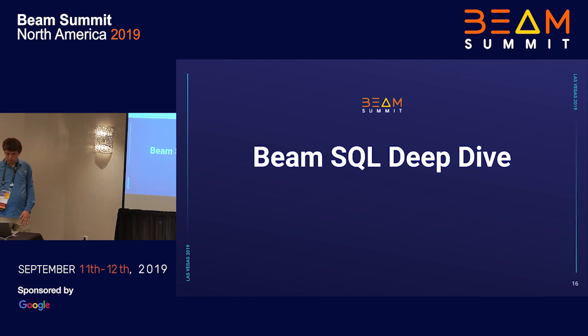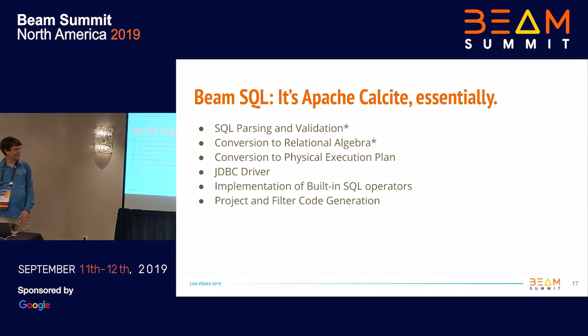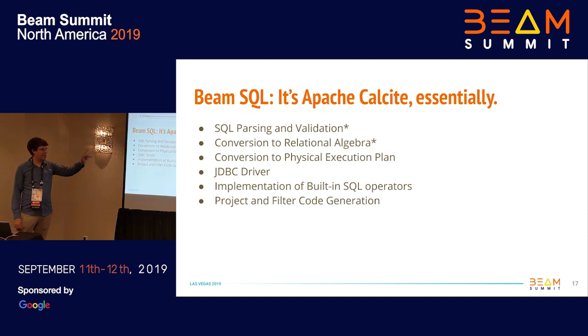Okay, now I'm going to talk a bit more about how this actually works. There's not that much code in Beam SQL if you look at our code base. It turns out it's really just Apache Calcite. Calcite handles our parsing, our validation, and I've put some stars at the end of here, which are new in this talk, and we'll get to that in a minute.